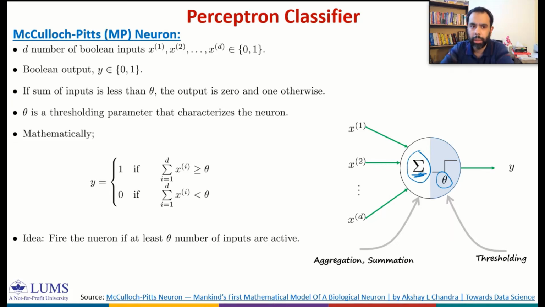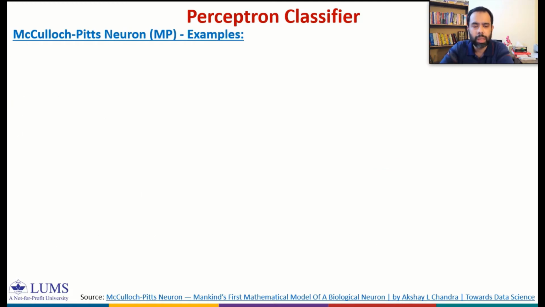Right? Okay, let's see some examples using the McCulloch-Pitts neuron. So for example, we want to implement a function which is OR of 2 inputs. So we have 2 Boolean inputs and 1 Boolean output. The output is 1 if either of the inputs is 1.